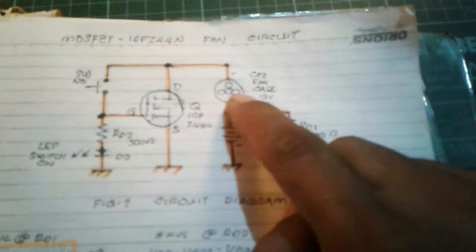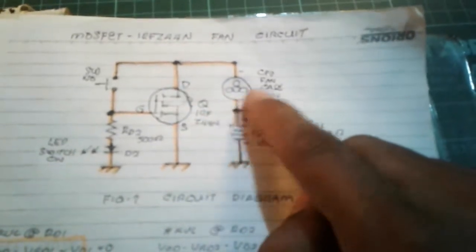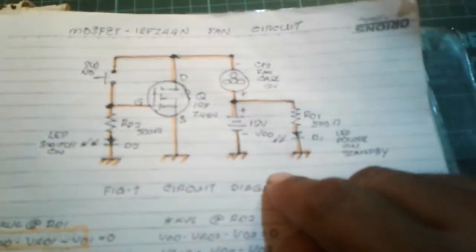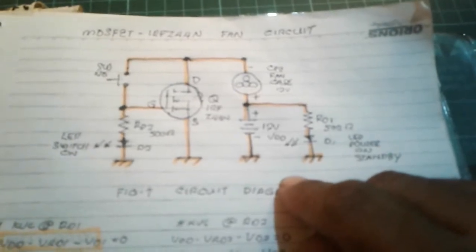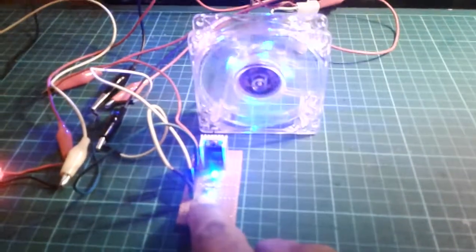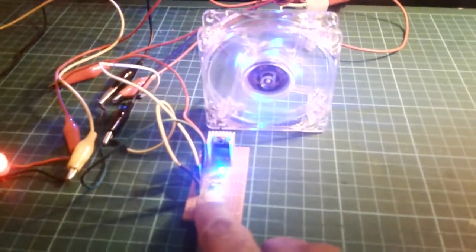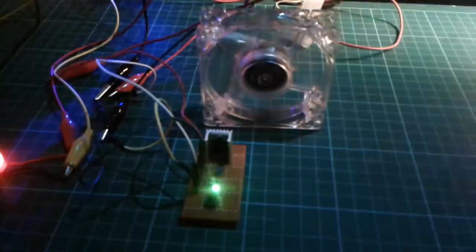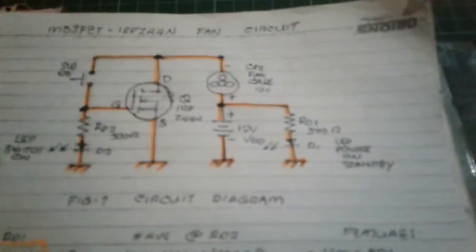Could be LED or anything. So we successfully operate the Mosfet in ohmic region, and it's turning on. That is the use of Mosfet as a switch.